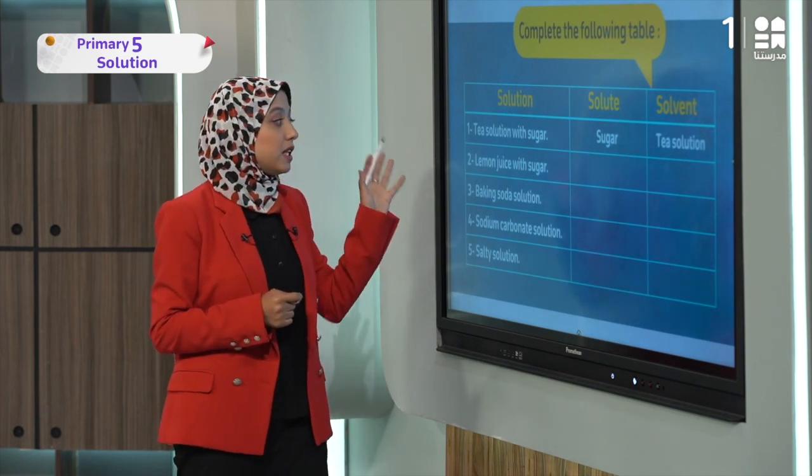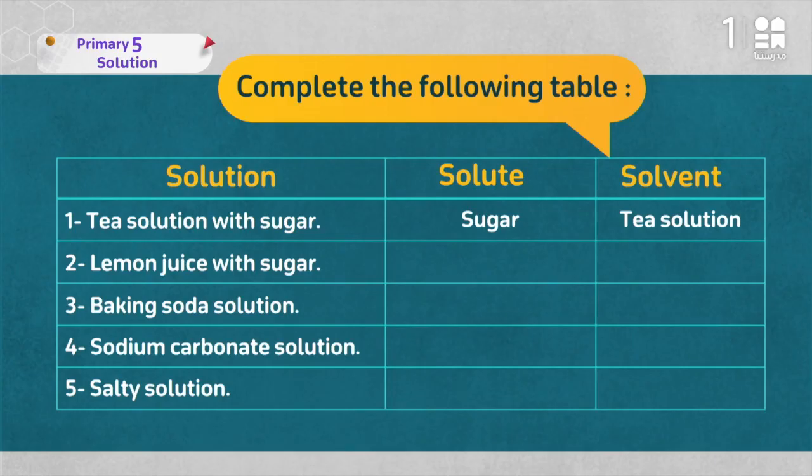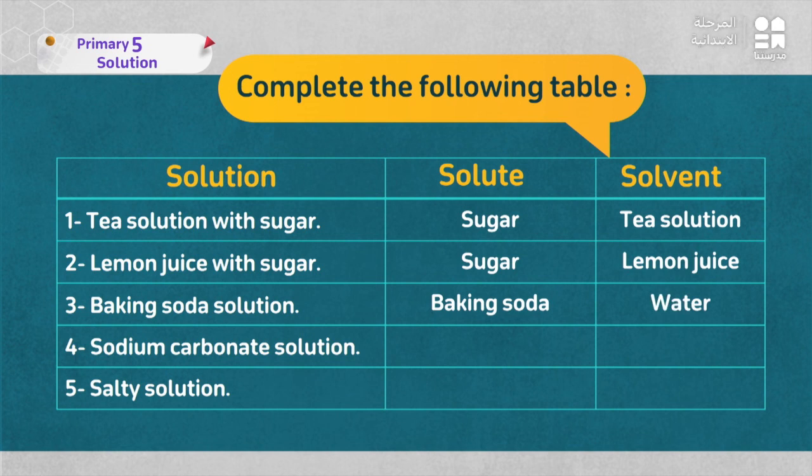What about lemon juice with sugar? Sugar is the solid, which is the solute, and lemon juice is the liquid, so it's the solvent. What about baking soda solution? That means baking soda and water. Baking soda is the solid, so it's the solute, and water is the solvent.